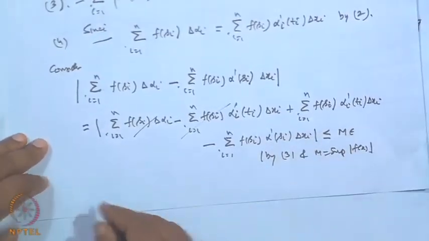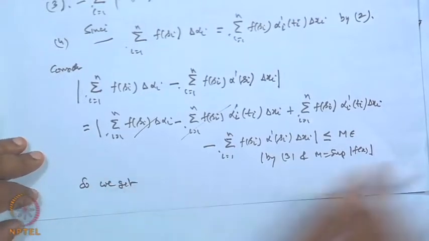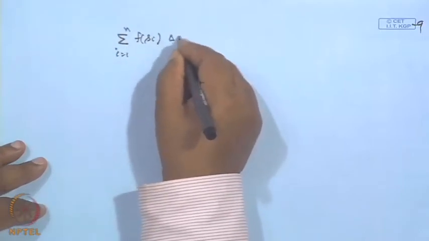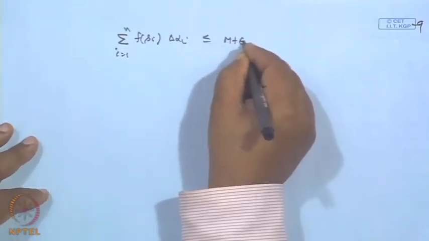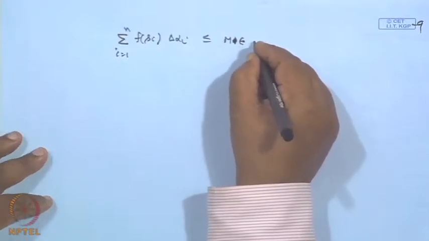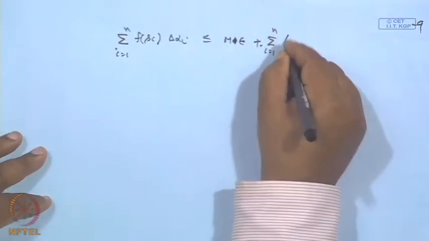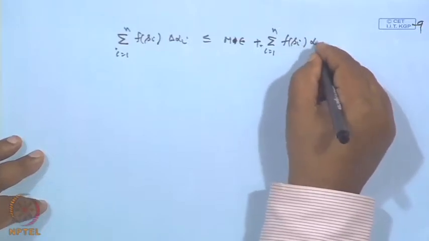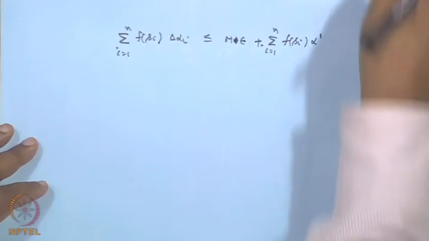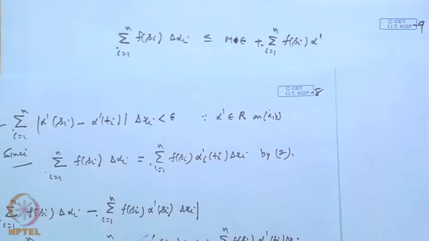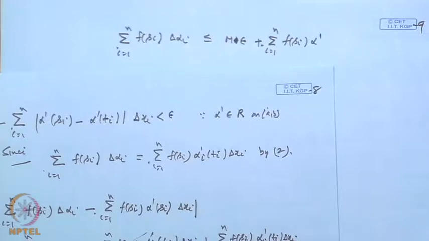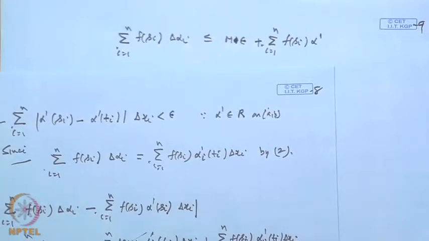So, basically we get this result: the sum from i equals 1 to n of f(s_i) delta alpha_i is less than or equal to M epsilon plus the sum from i equals 1 to n of f(s_i) alpha dash(s_i) delta x_i. f(s_i) you can take outside, so what you are getting is f(s_i) delta alpha_i minus this part.